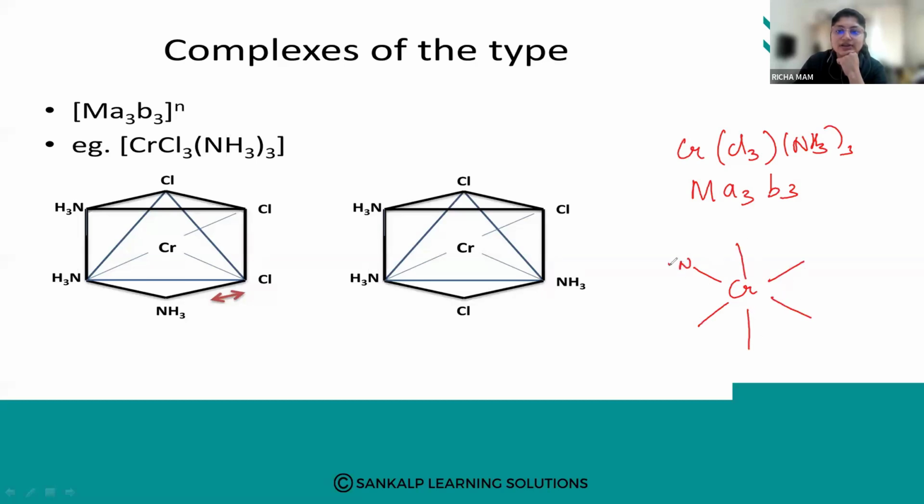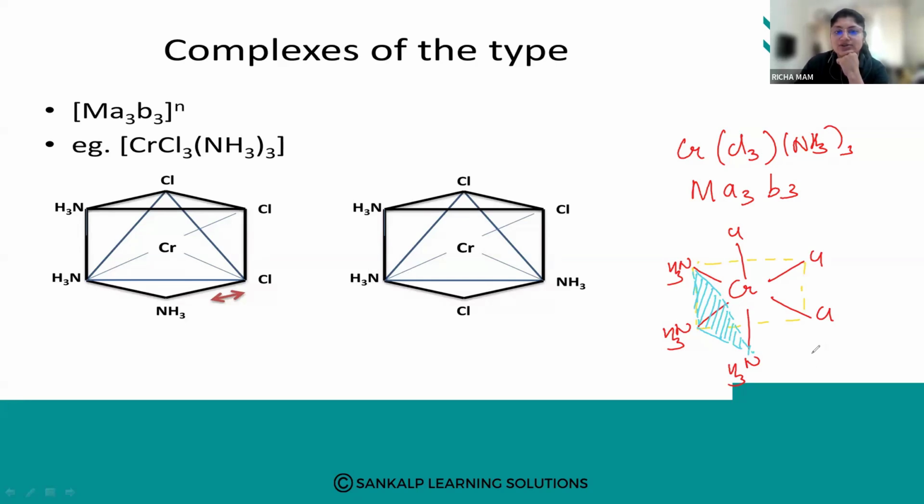Take NH3 at one side and take Cls at another side. When the ligands are arranged at the adjacent position of the octahedral, then this gives rise to what?